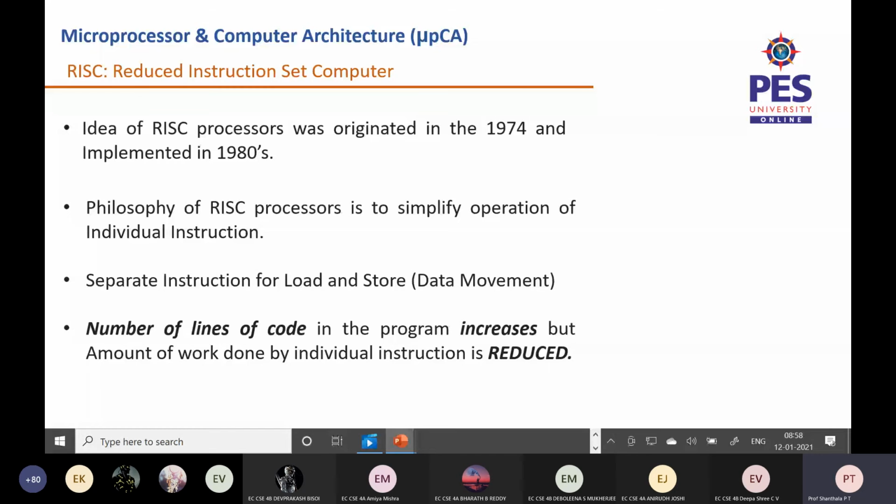These load and store are the data movement instructions. The number of lines of code in the program increases, but the amount of work done by the individual instruction is reduced, because each instruction has one operation.